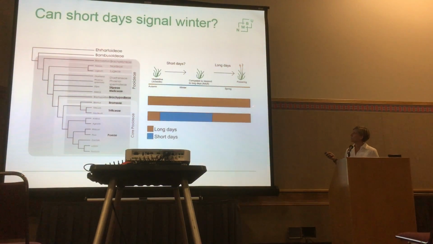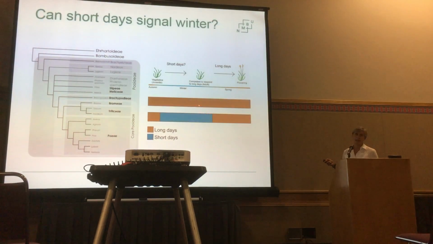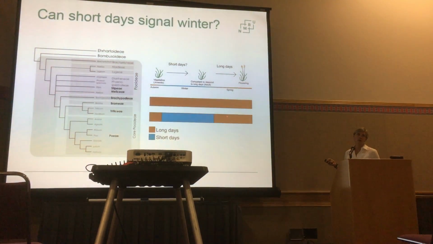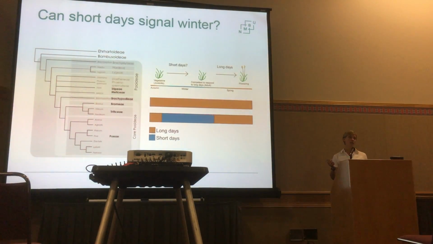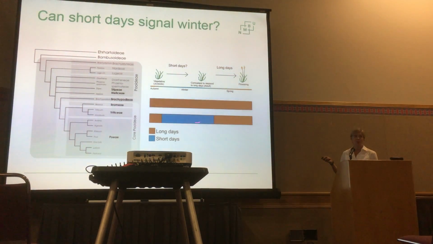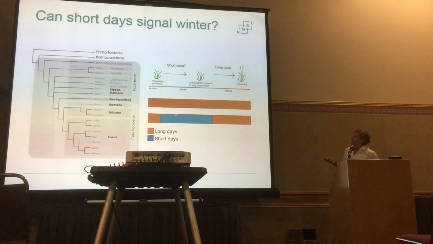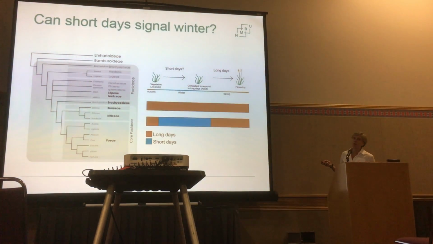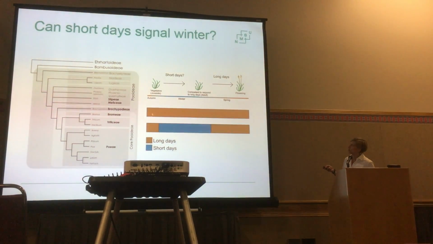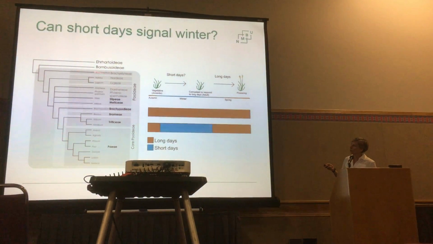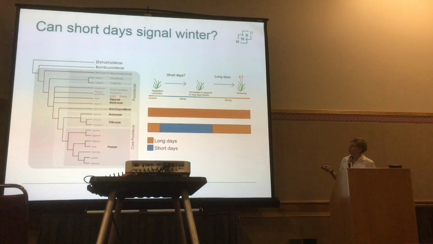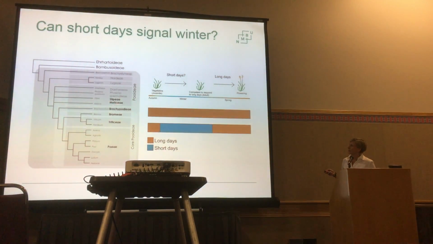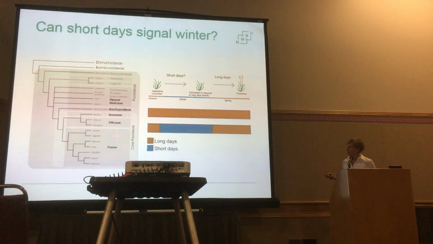We gave half of the individuals per species only long days, but half of them we gave a period of short days and then shifted them back to long days again. We had shown that most of them are long day responsive, so here we targeted those species that we knew were going to flower. We skipped the tricky early diverging ones because we never made them flower.